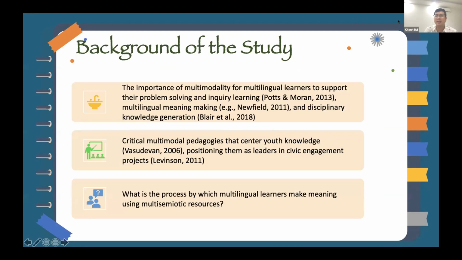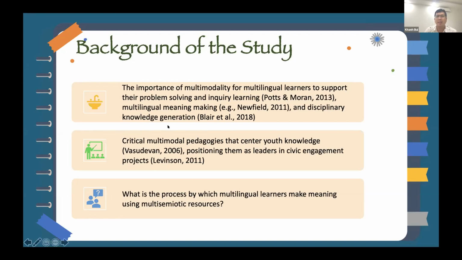As you can see, recently there is an emphasis on multimodality for multilingual learners to support their problem solving and also inquiry learning, and also their multilingual meaning making and disciplinary knowledge generation. In the new standards, they also emphasize how to support multilingual learners and how English learners can make meaning in disciplinary knowledge. For example, how they can make meaning in mathematics classes or also in science.